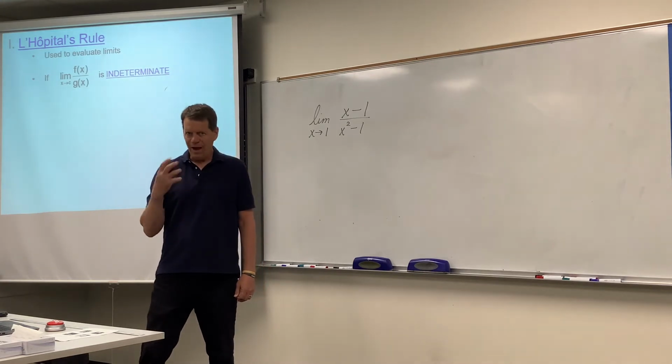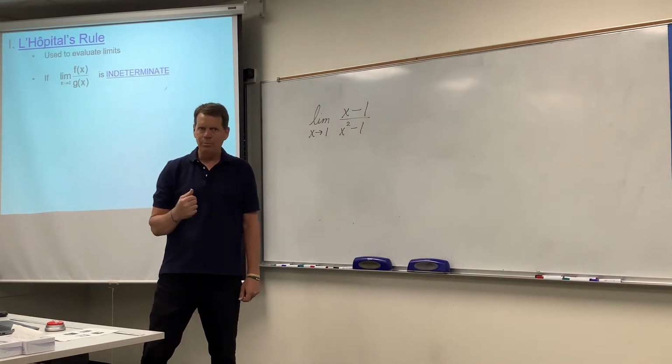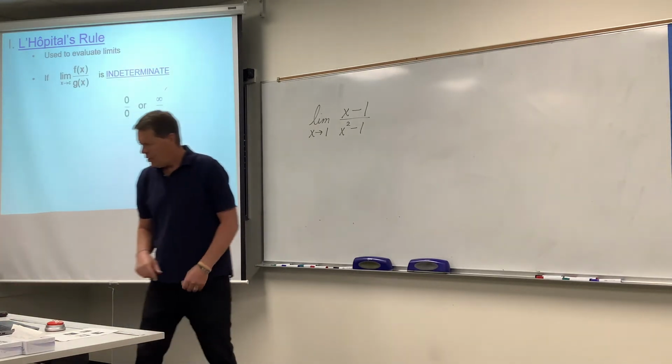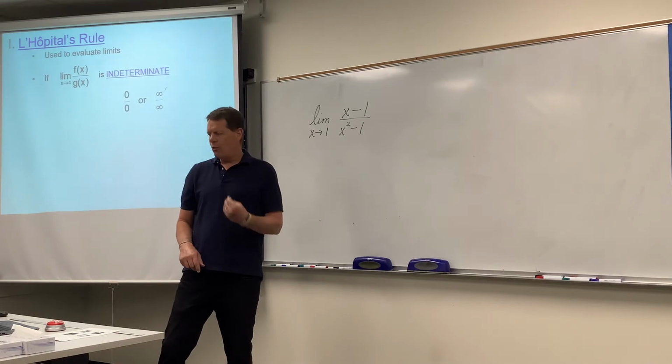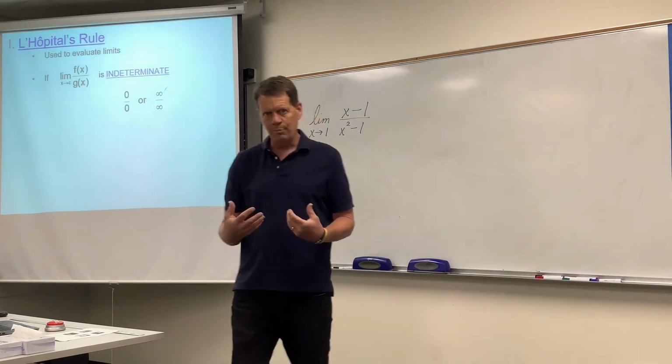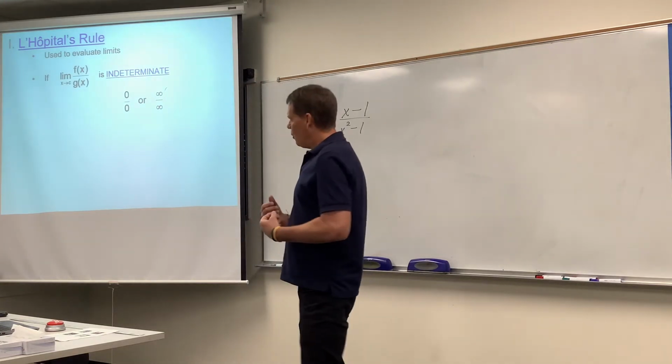All right? You have to be indeterminate before we prescribe L'Hopital. And in order to be indeterminate, you're either going to be 0 over 0 or infinity over infinity. Those are considered what are called indeterminate forms in calculus.